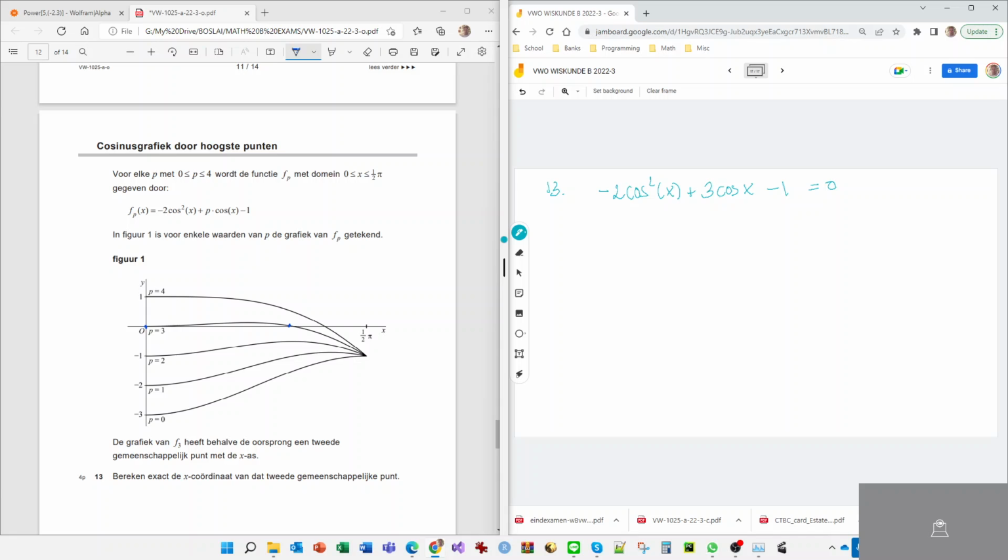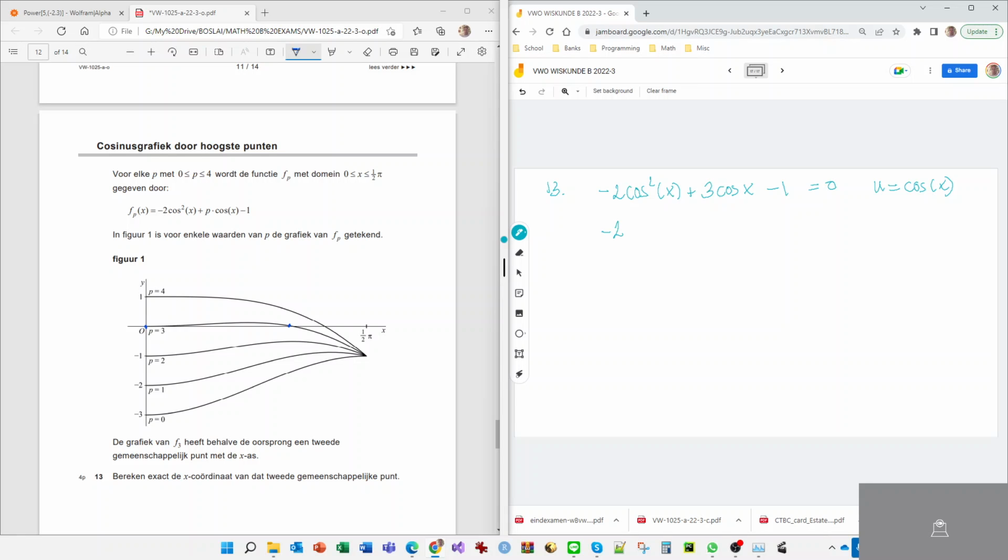Obviously you can see this is a quadratic equation. We know how to solve these, so let's just define u as cosine of x and figure out what u must be, from which you can find what x should be.